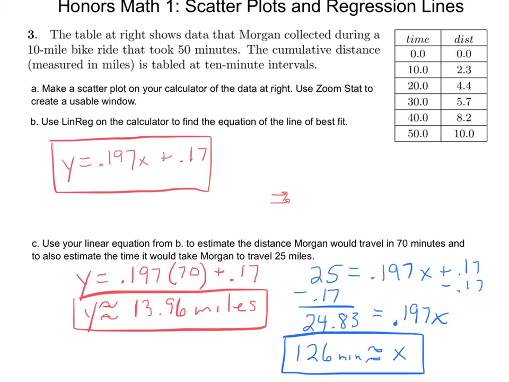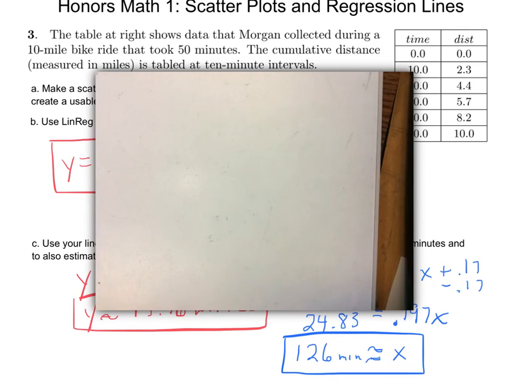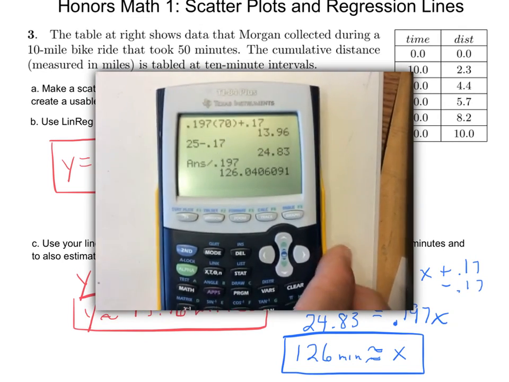The last thing I would like you to do is to make both the scatter plot on your calculator and the linear regression line on your calculator at the same time. This shouldn't be too bad. So let's do that. So, got my calculator here, and I've already done the stat plot.